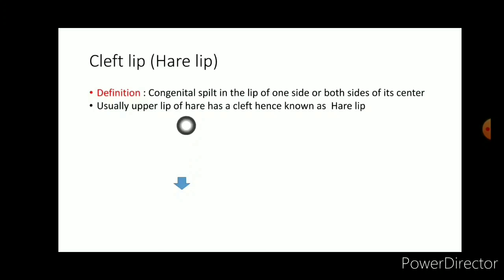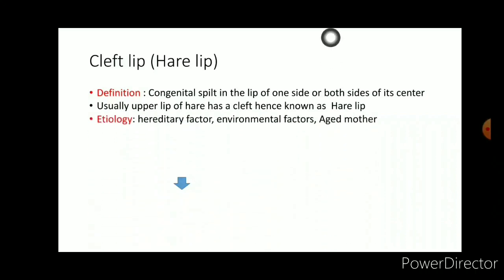Cleft lip is a congenital split in the lip on one side or both sides of its center. Usually the upper lip has a cleft, hence known as hare lip.